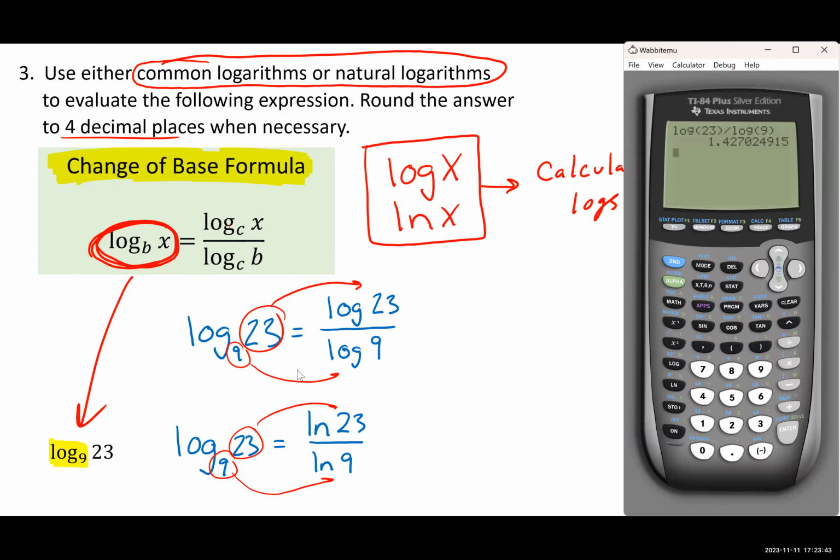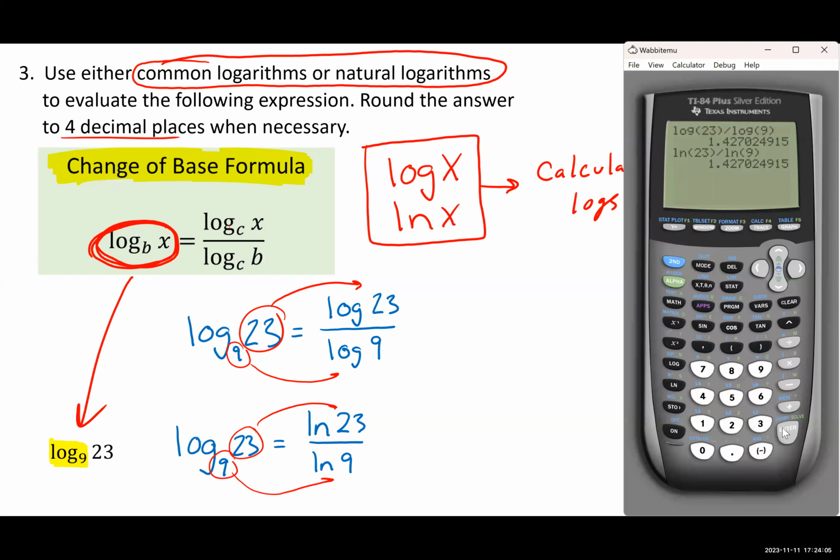Or if you did it a different way, if you use the natural log, it would be the natural log of 23 divided by the natural log of 9. Those are two different numbers, but we get the exact same answer.